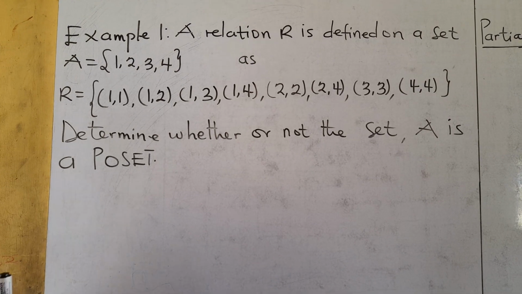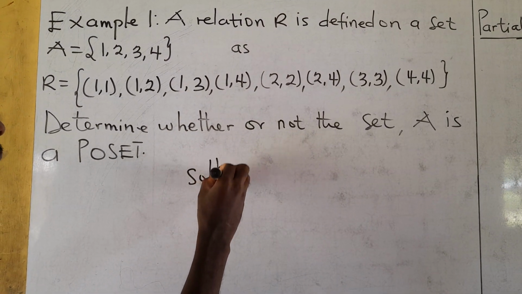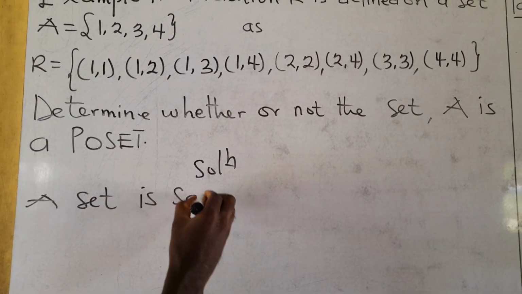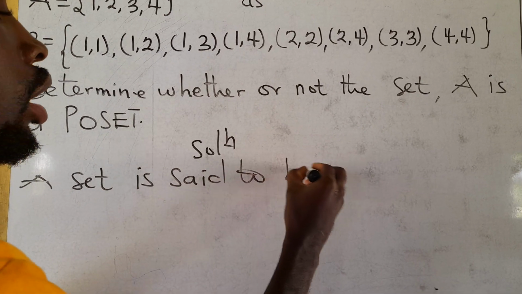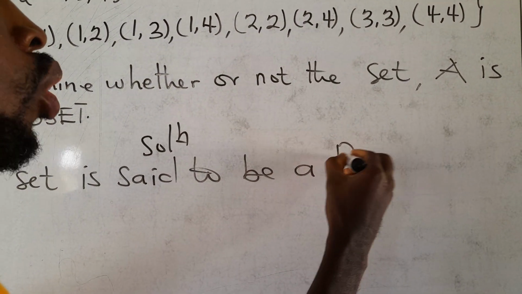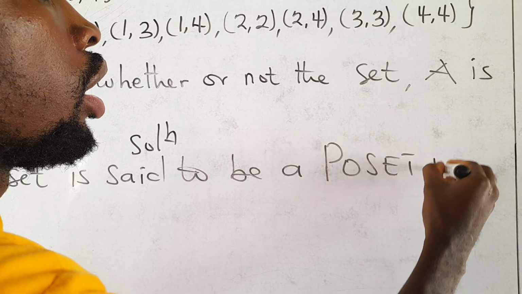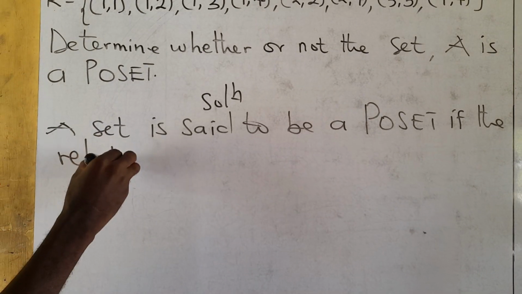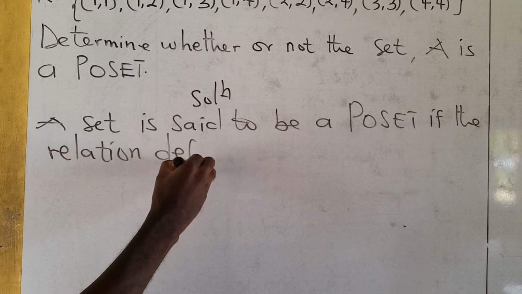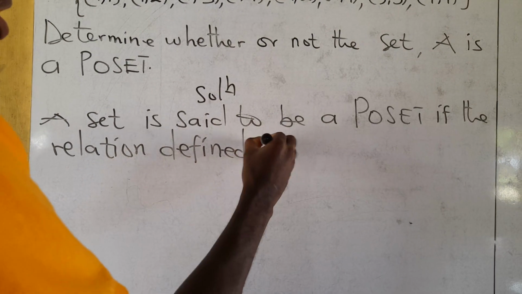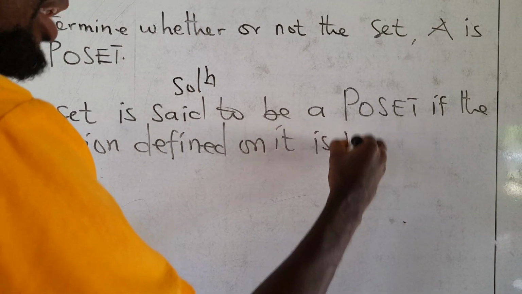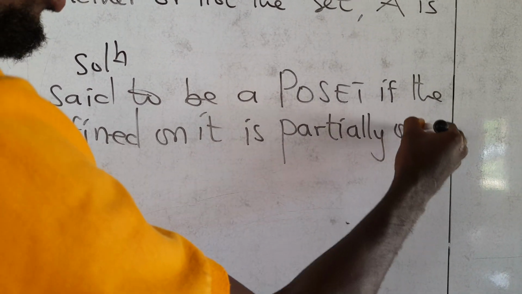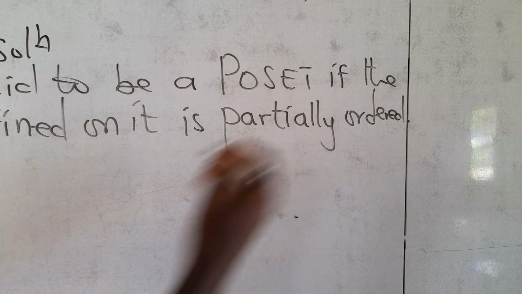So how do we do this? Remember we said a set is said to be a POSET if the relation defined on it is partially ordered. I hope you know that.